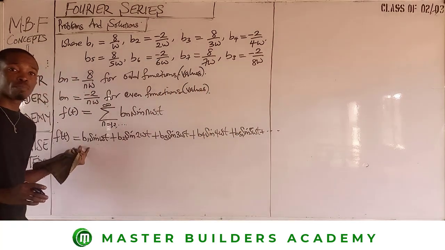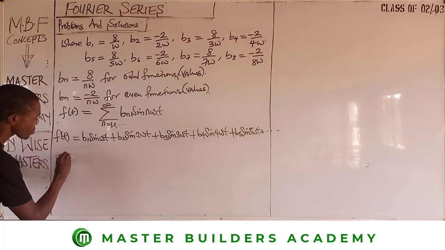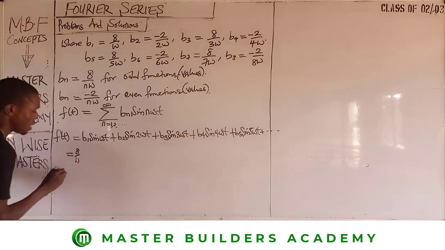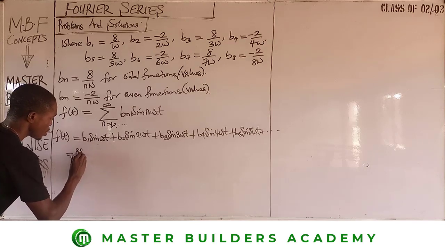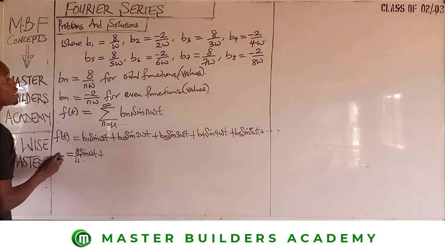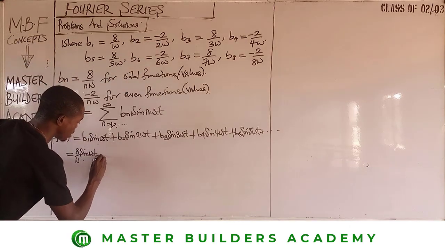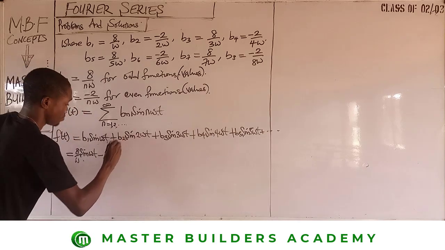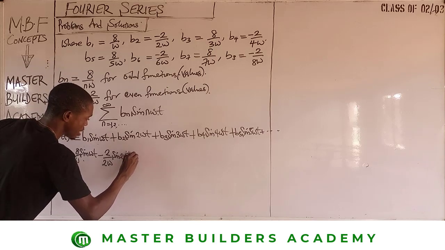All I need to do now, in place of b1, is put its value. So b1 is known as 8 over omega, into sine omega t, plus b2. Now b2 is coming as negative, so this automatically becomes negative 2 over omega, sine 2 omega t.